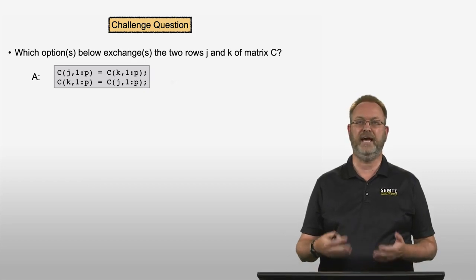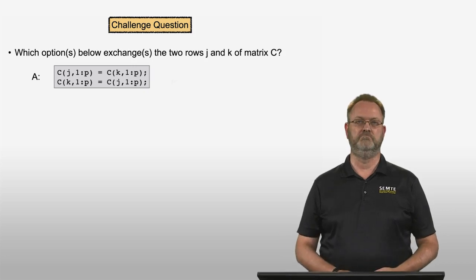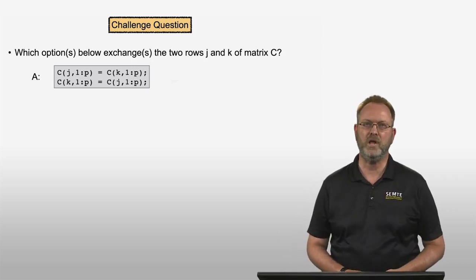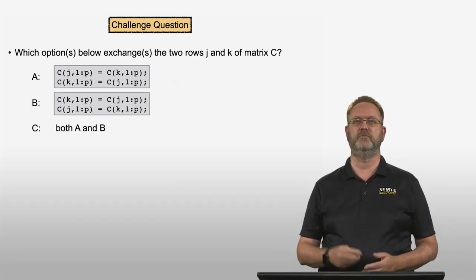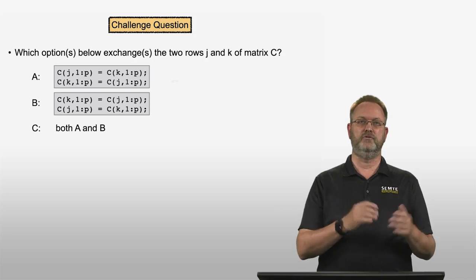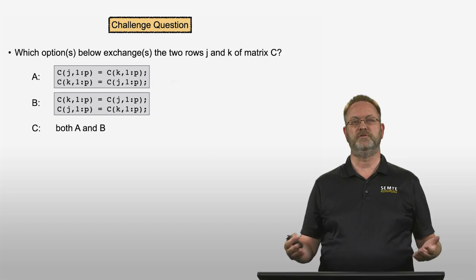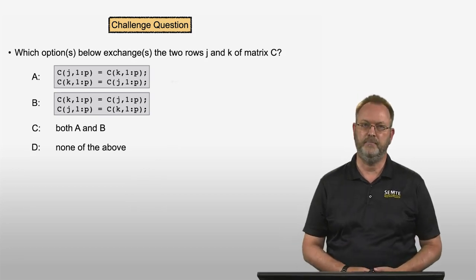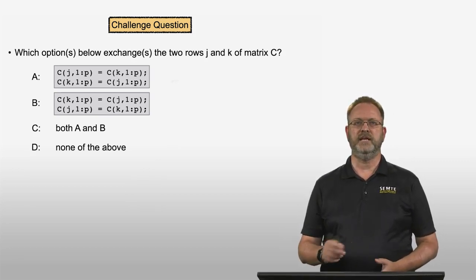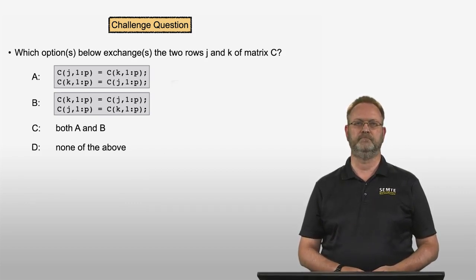And then we do C of k is equal to the jth row of C. Option B is the same thing, but flipped: we first copy row k into row j... Option C is that both A and B would work. And the last option, D, is that none of the above would work. Think about this for a little while and then click on the answer that you think is right.